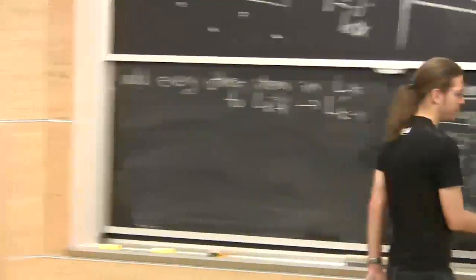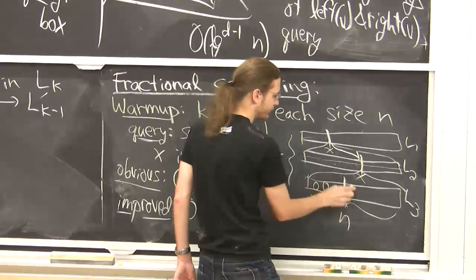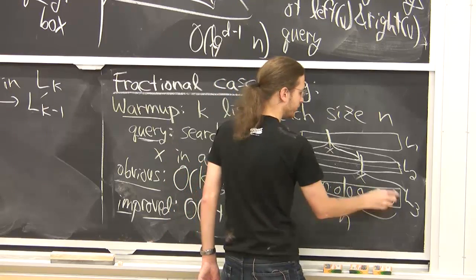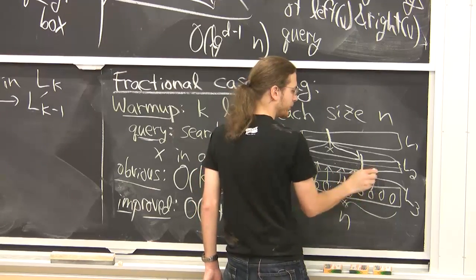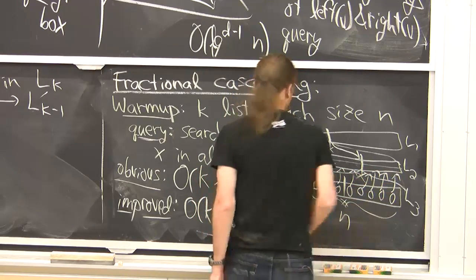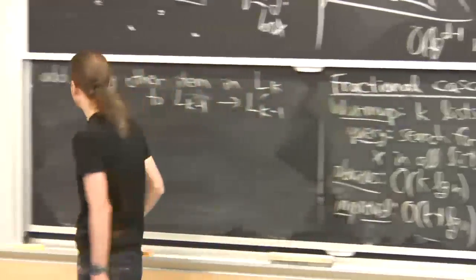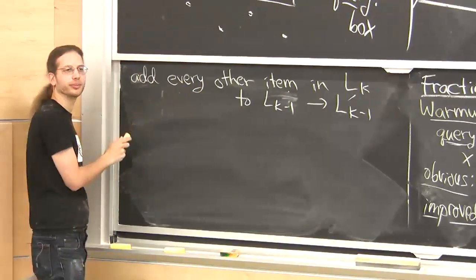So I take every second item here and just insert them into this list. It gets a constant fraction bigger. And then repeat. This is the fractional part.